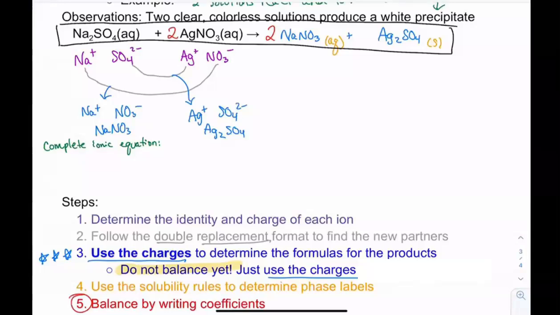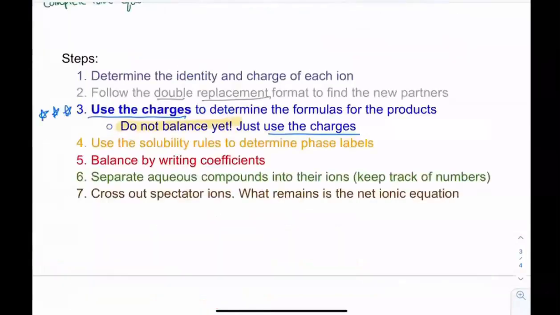The way that you do this, so this is how you get the complete ionic equation. You are going to separate aqueous compounds into their ions. So you're going to rewrite any aqueous compounds as separate ions, keeping track of the numbers as you do so.